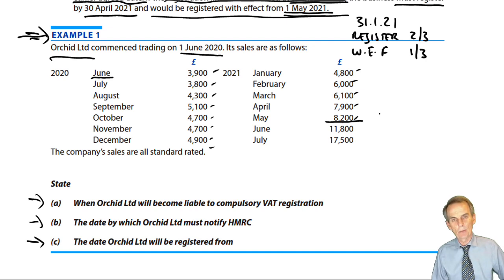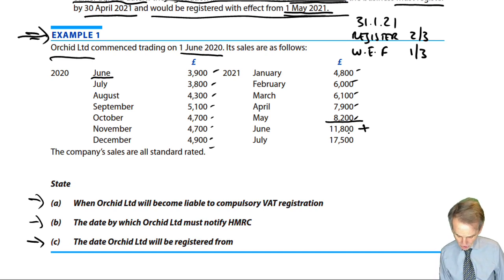And what makes this more interesting, and the usual reason why they do it this way, is you don't then, simply when you move to June of 2021, add another 11,800 to see whether that therefore takes us over the level of £85,000. What we have to do is to work on a 12-month rolling cycle.